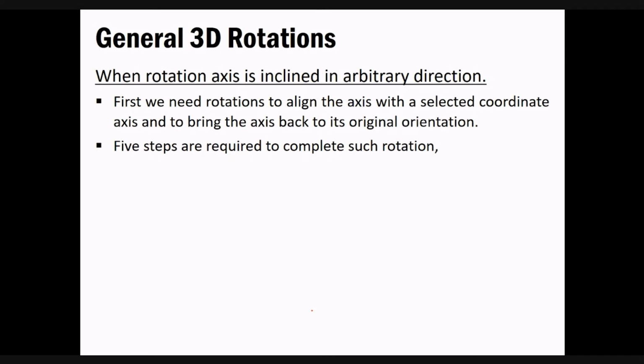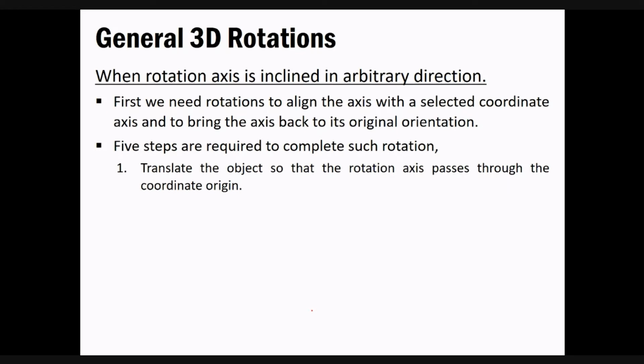To do all of this, we require 5 steps. Try to imagine this too. Wherever required, there is a diagram to understand it in a better way, but you have to imagine it as well. So there are 5 steps that we need to see to handle such rotations.